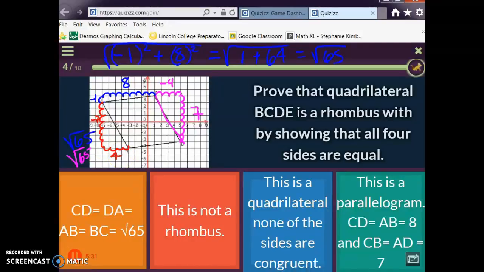So I have 7 squared, because I'm moving down, plus 4 squared, square root, which will give me 49 plus 16. 49 plus 16 is the square root of 65.